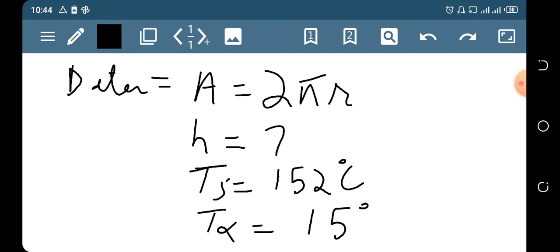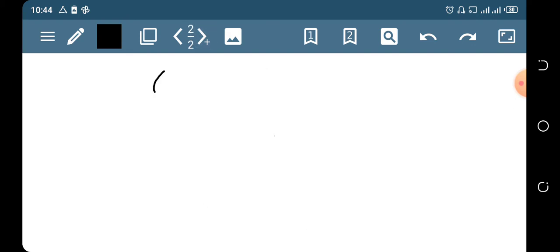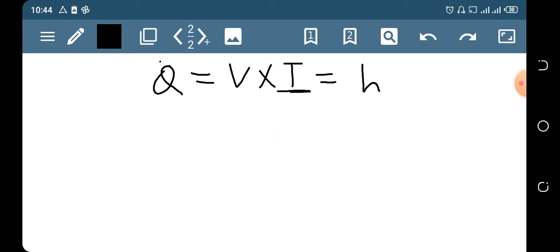Now applying the formula, q dot is the heat transfer due to electrical resistance. The power formula is voltage times current, and this q is equal to h A times the temperature difference, Ts minus T infinity.